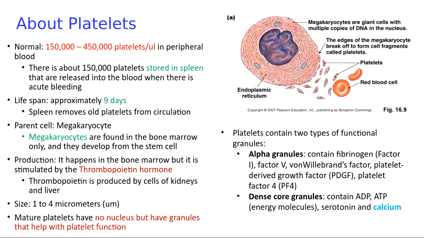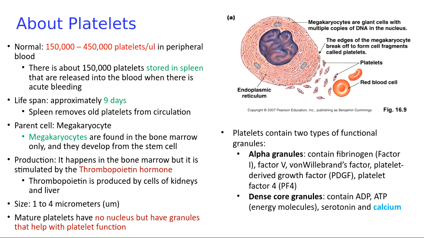The platelets do not have a nucleus, but they have a lot of granules. And the granules within each platelet are the ones that are responsible for platelet function. Another thing to remember is that there is a hormone that is produced mainly in the kidneys and a little bit in the liver and a little bit in the spleen.